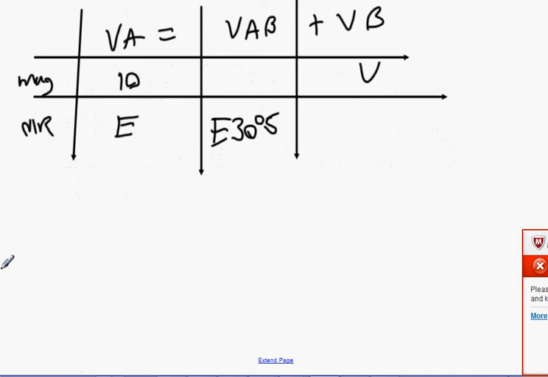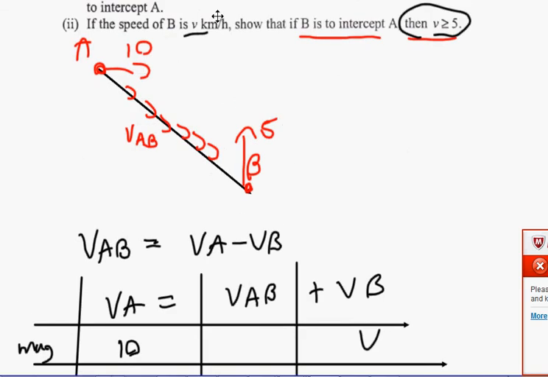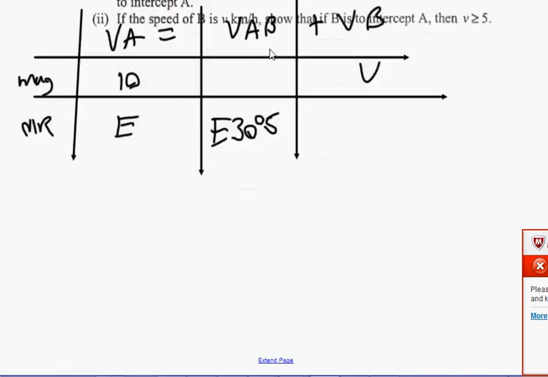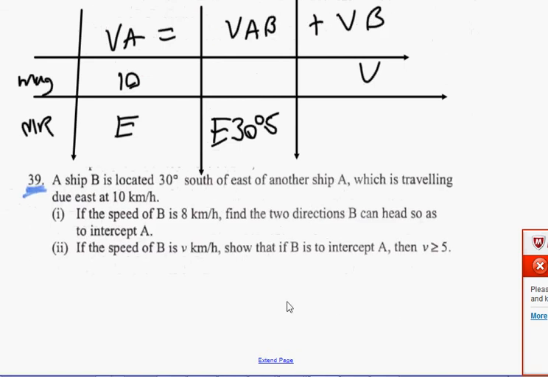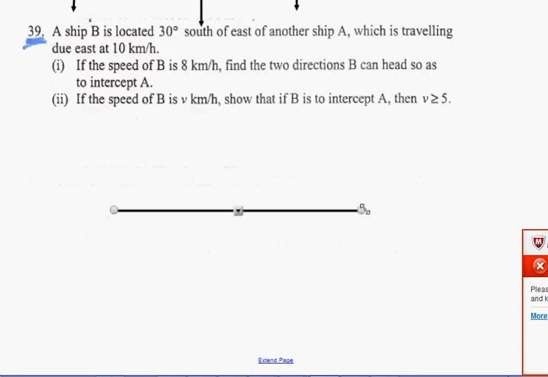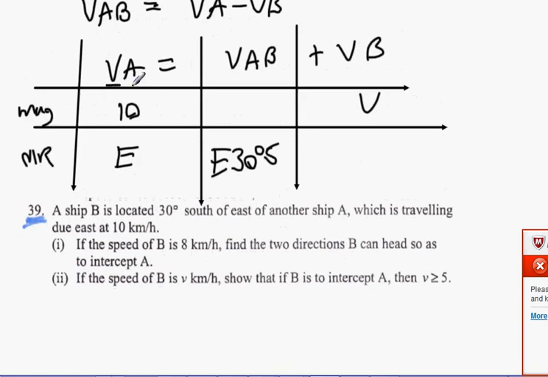So we go back down, and I'll keep the question in the picture as we're doing it. We're going to draw our triangle. VA going east, and that's VA on its own, so I have to pick VAB or VB. I should pick VAB because I know what direction it's going in, east 30 degrees south.